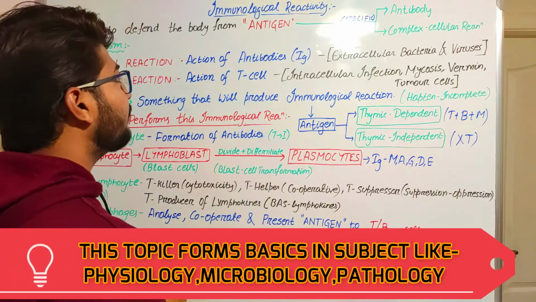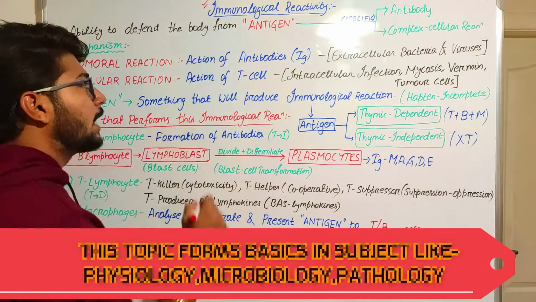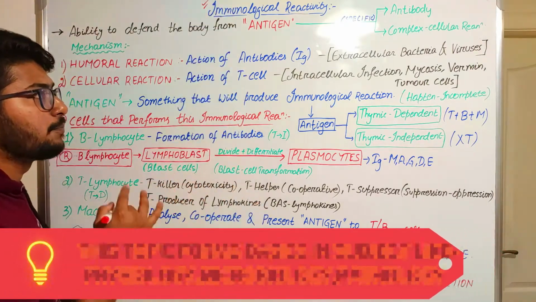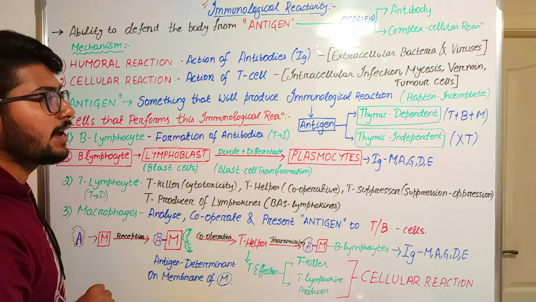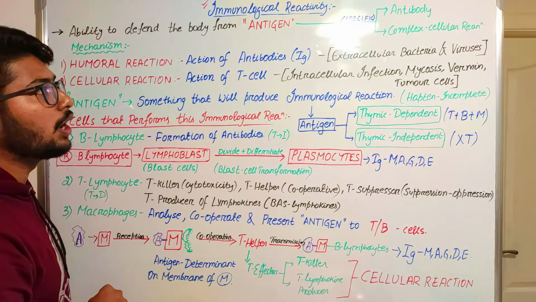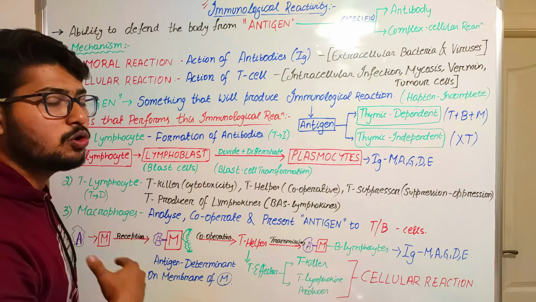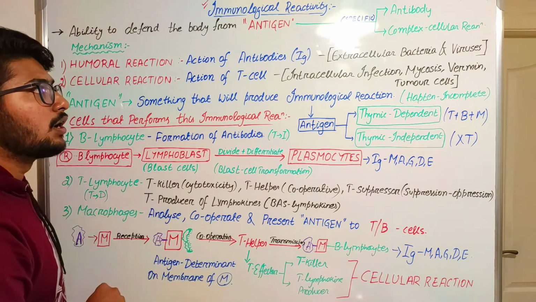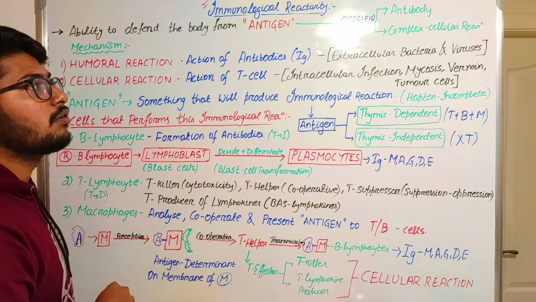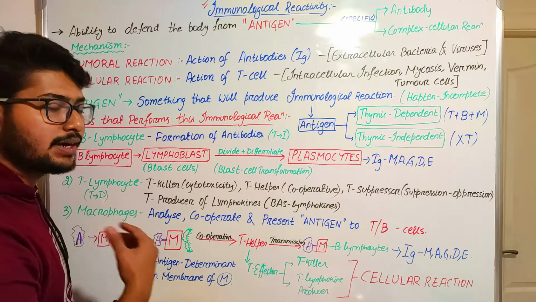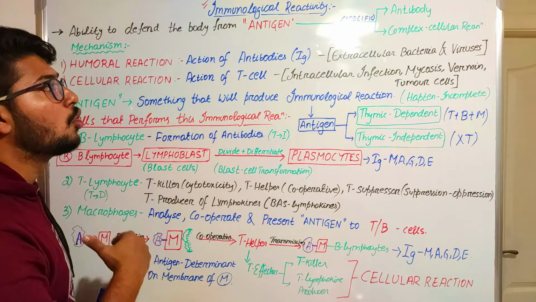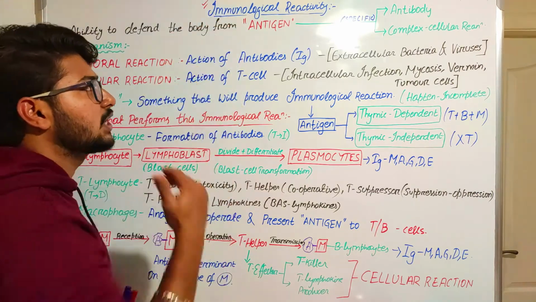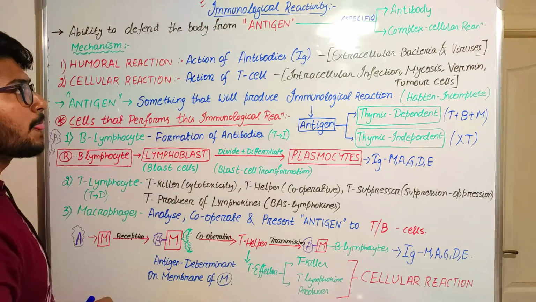And what is that reactivity? Yes, we are going to read the immunological reactivity. Before starting, we are going to define what we mean by immunological reactivity. Suppose a body of an organism is reacting to an antigen, and that response will be known as immunological reactivity.